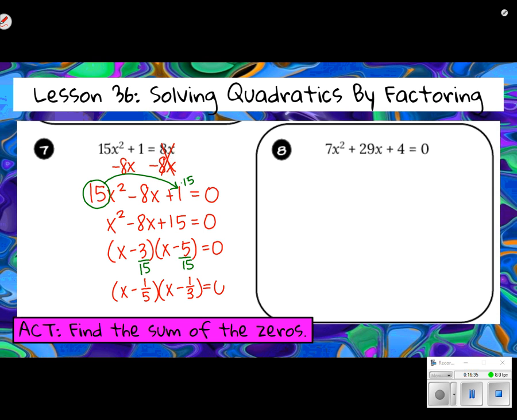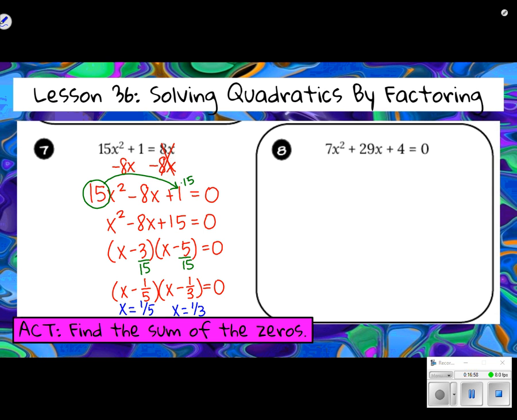Now, the goal is to find the zeros, right? I have equals 0. So I don't have to move that denominator up in front. What is the opposite of a negative 1/5? Positive 1/5. What's the opposite of negative 1/3? Positive 1/3.